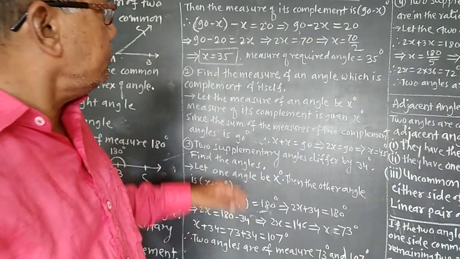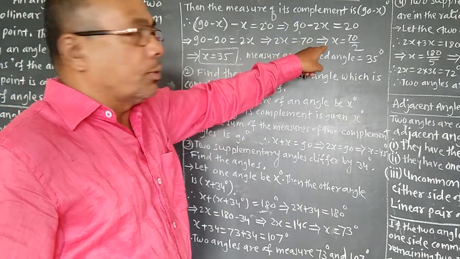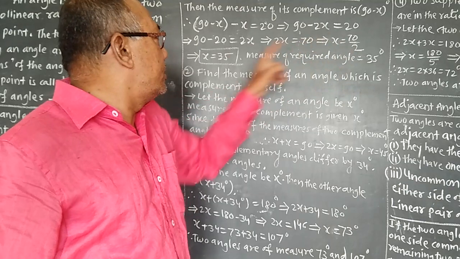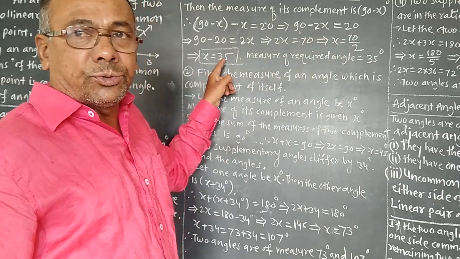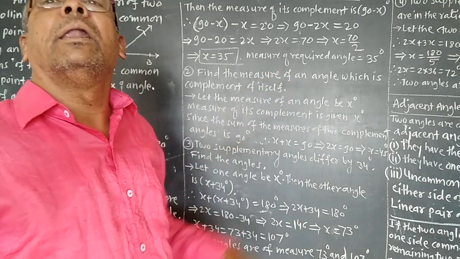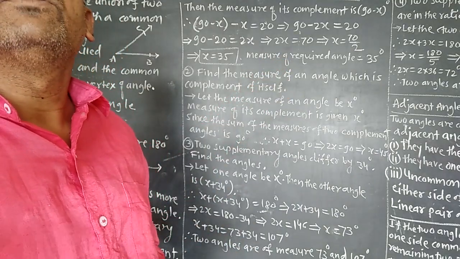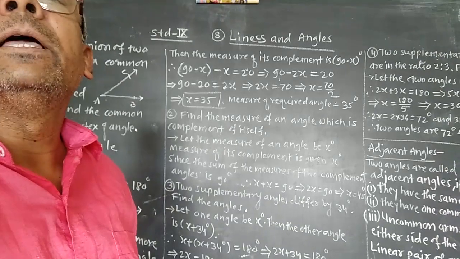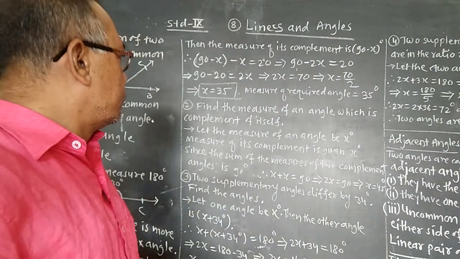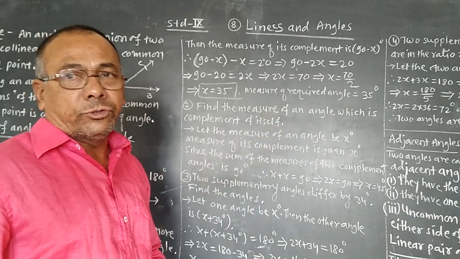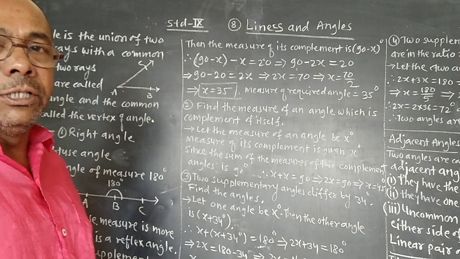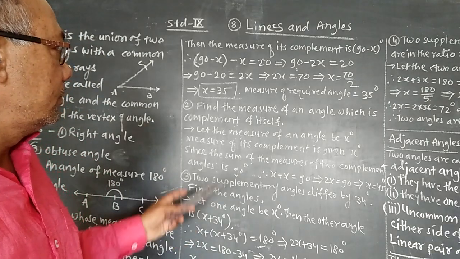Here x is equal to 70 upon 2, which is 35 degrees. So x is equal to 35 degrees, and therefore the measure of the required angle is 35 degrees. In this way we have solved the question, and now we will see another question.